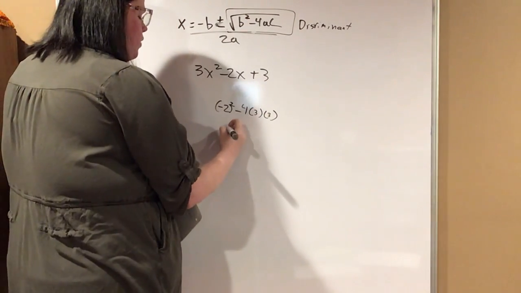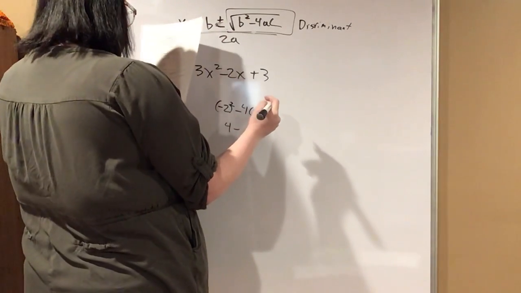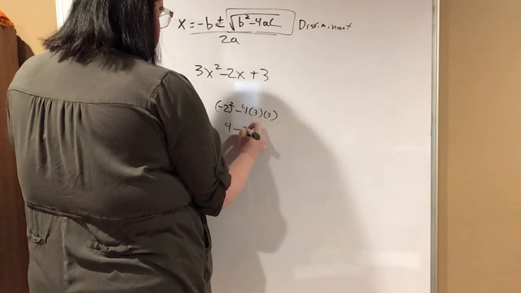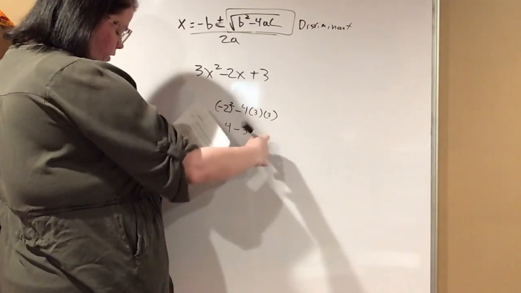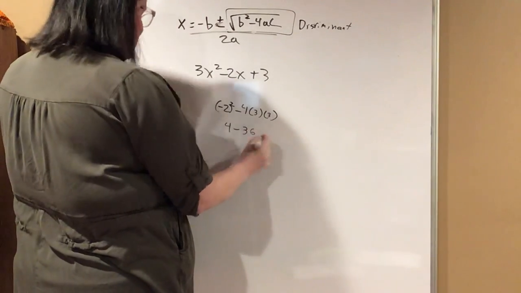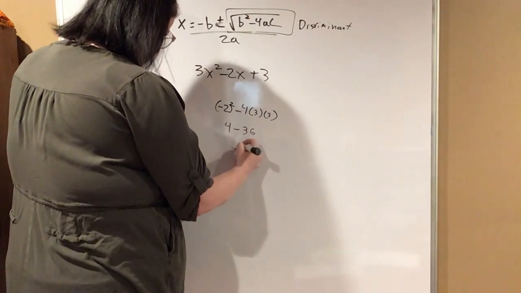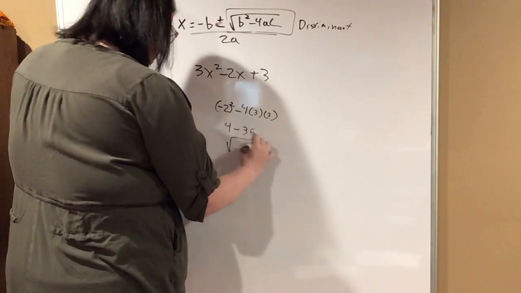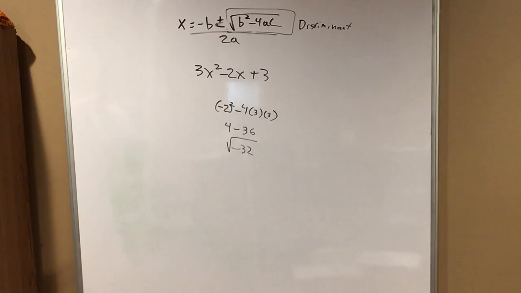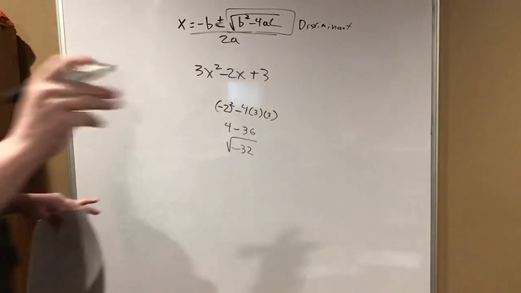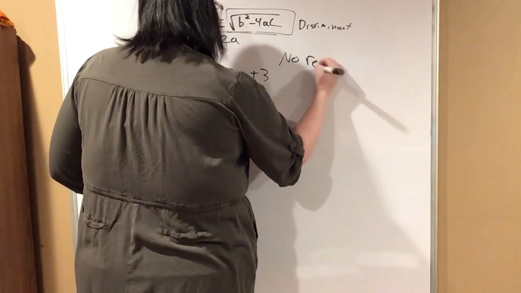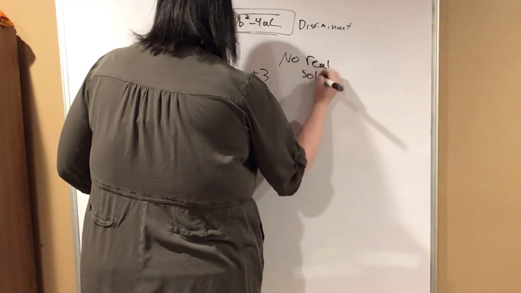So I have 4 minus 36, sorry, 4 minus 36 is negative 32. And if it's negative underneath the radical like that, here's the thing, it's not that there are no solutions. There are no real solutions.